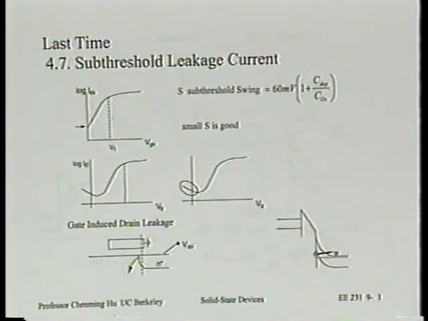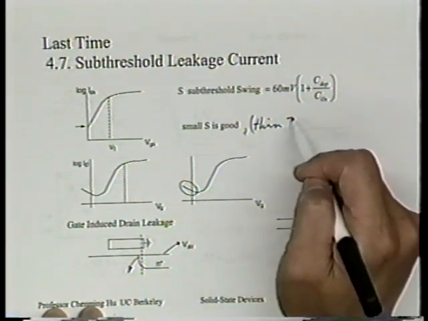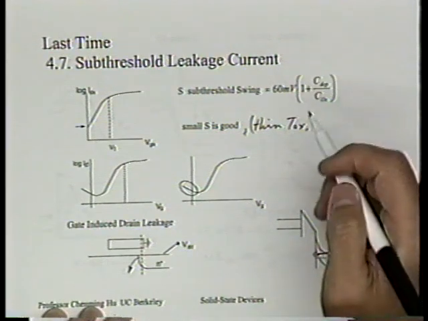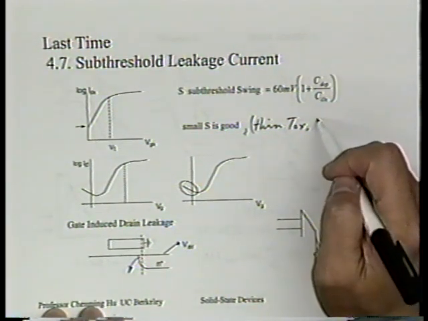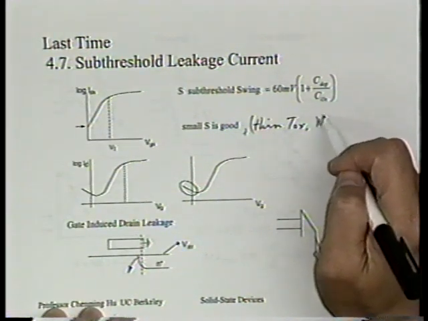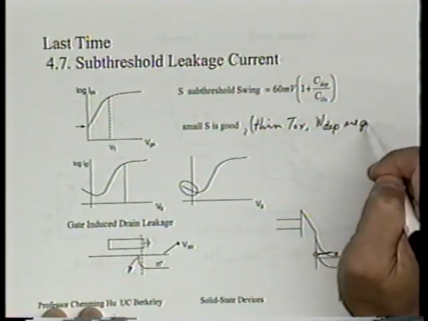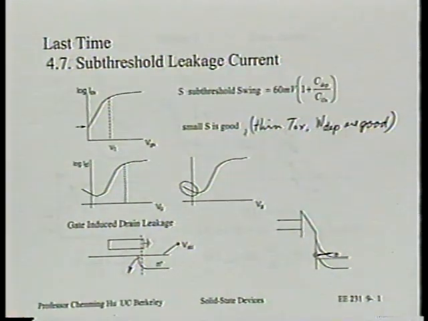Because small swing is good, therefore thin oxide is good, large C oxide is good, and for this phenomenon, only a small W depletion is good. Large W depletion is bad for other problems that we will actually see today. But small W depletion is good for swing.